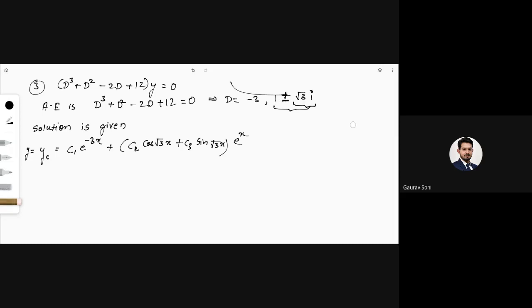The last example, example number 4: d square plus 1 whole cube, and d square plus d plus 1 whole square, y is equal to 0.